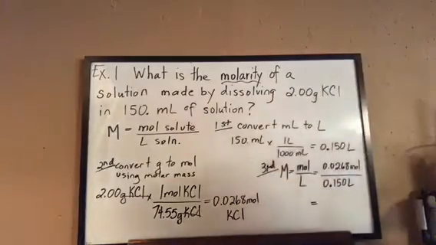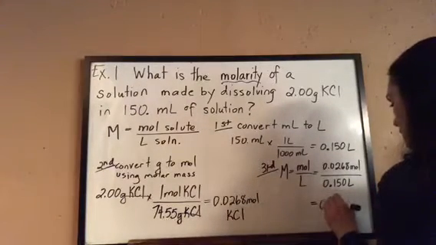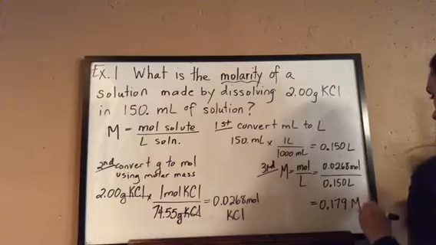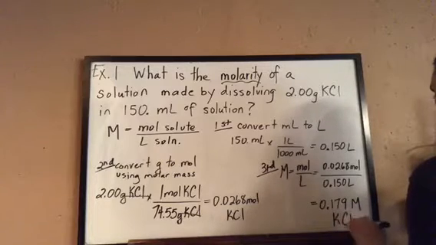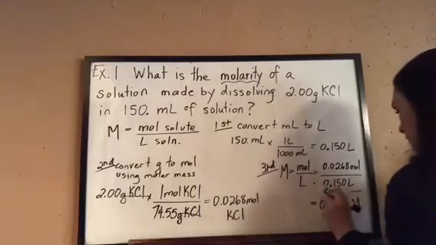You do that calculation. You get a molar concentration of 0.179 molar potassium chloride. That's your final answer right here.